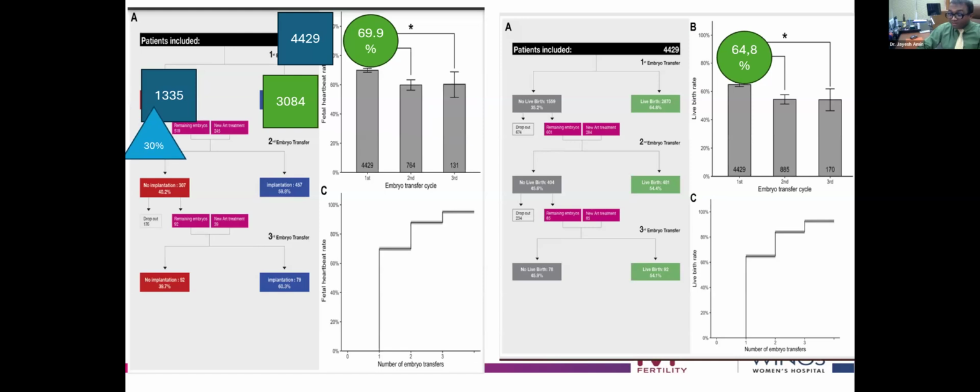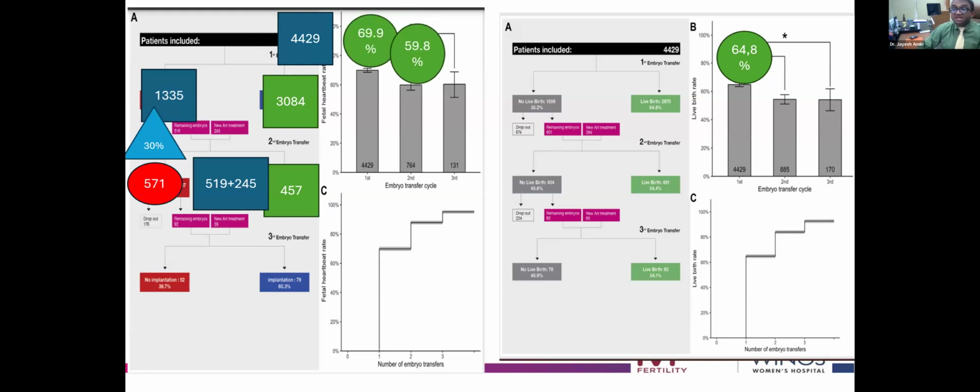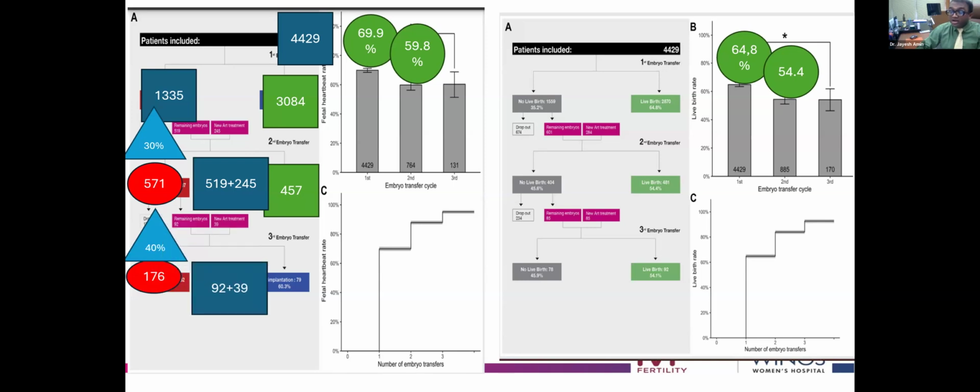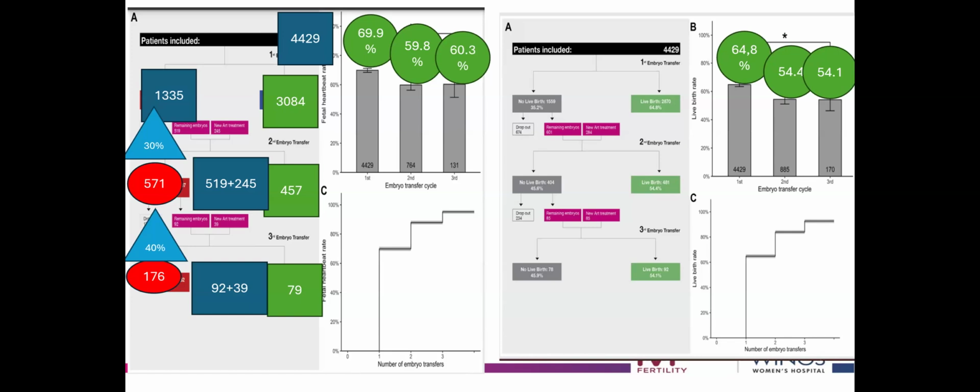Later, in the remaining population, when we transfer a second embryo, around 700 patients, we again have 457 clinical pregnancies, that means a 59.8% CPR rate, and the live birth rate is 54.4%. Then the dropouts are excluded, and we again transfer around 150 patients, where 79 conceive, so it is considered 60.3%, and the live birth rate is around 54.1%.